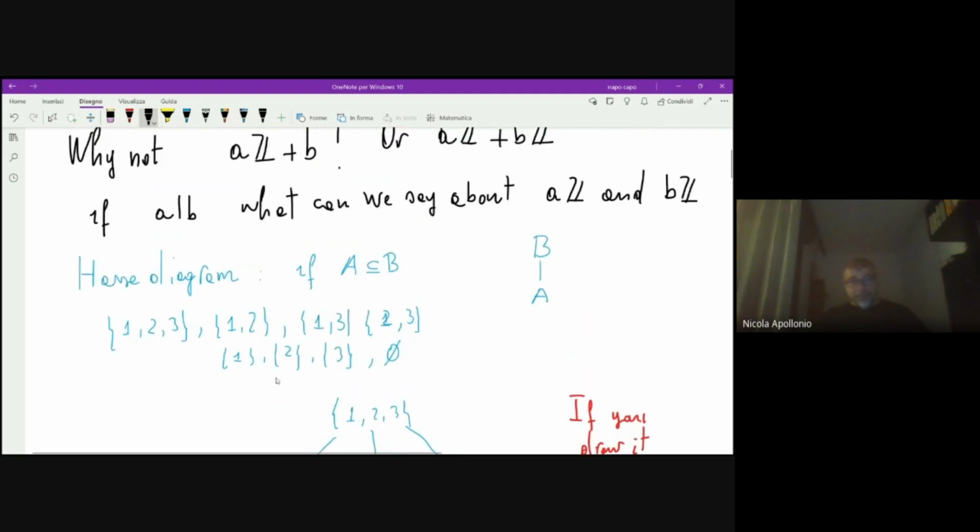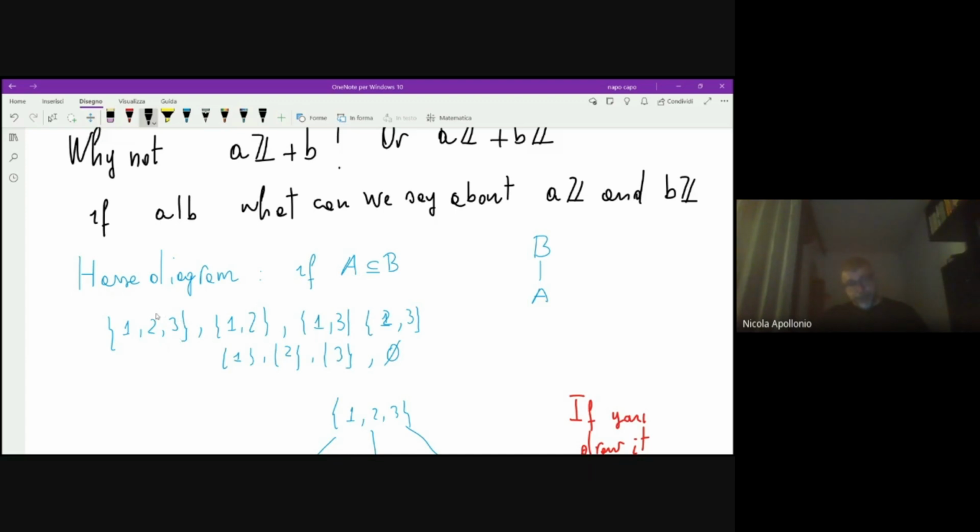So pick, for instance, all the subsets of the set {1, 2, 3}. {1, 2, 3} is, of course, a non-proper subset of itself.